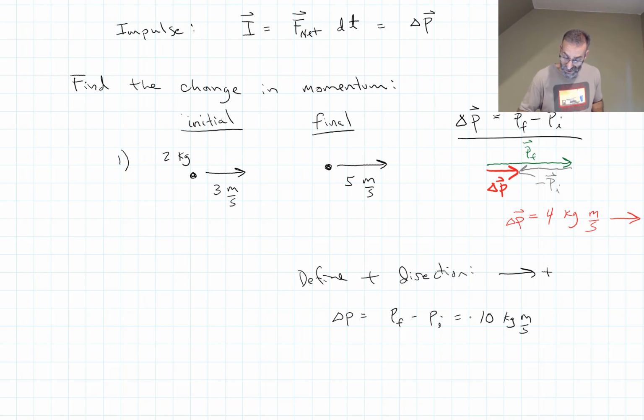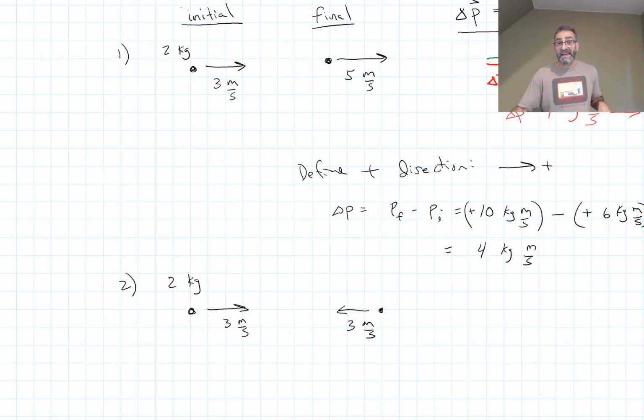I'll just put a little plus sign there so we know it's positive. And we are going to subtract P initial, which is also in the positive direction, and it's 6. So we end up with a positive 4 kilogram meters per second, and positive means to the right.